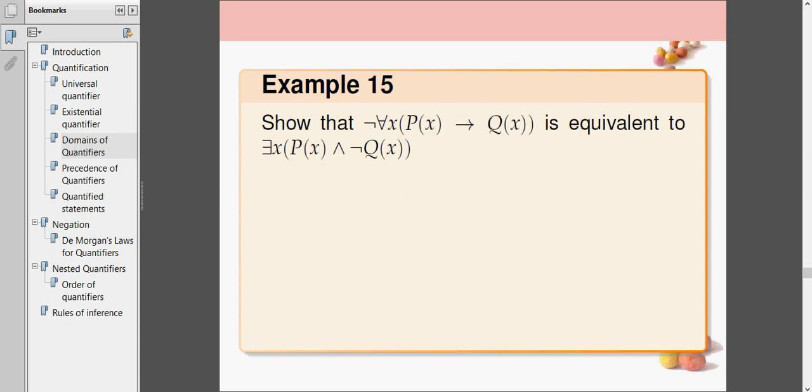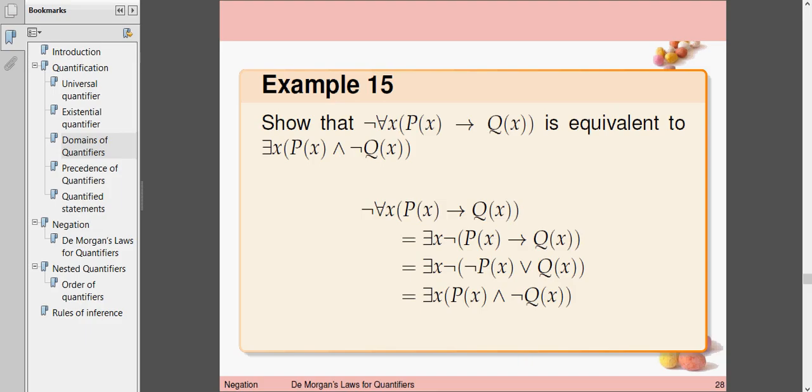So show that not for each x, B(x) gives Q(x) is equivalent to there exists x, B(x) and not Q(x). I need to show the equivalence, so I need to use the proof.